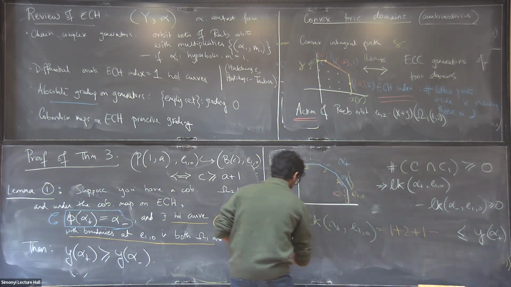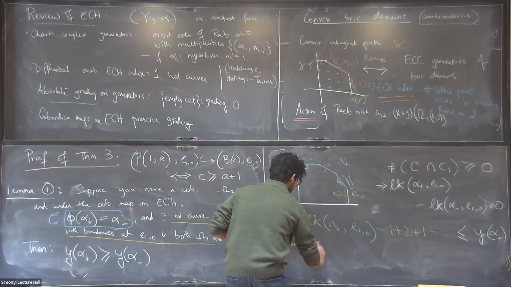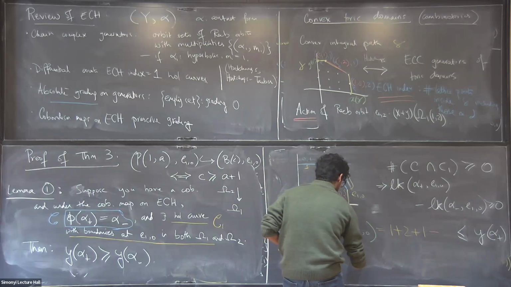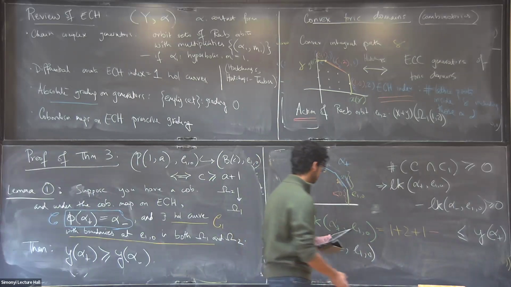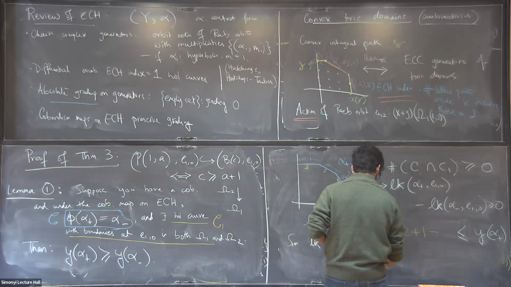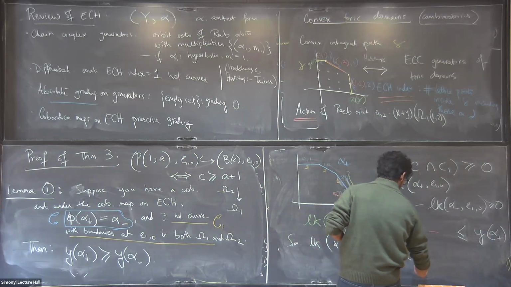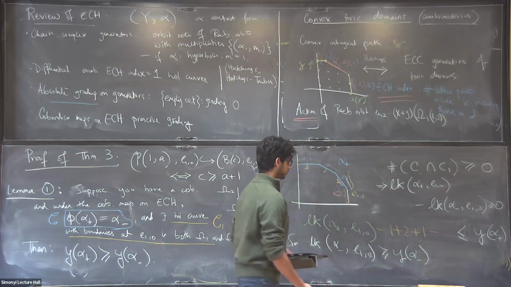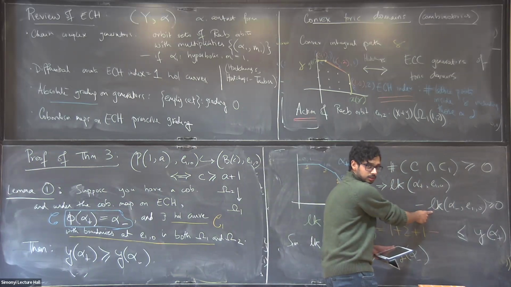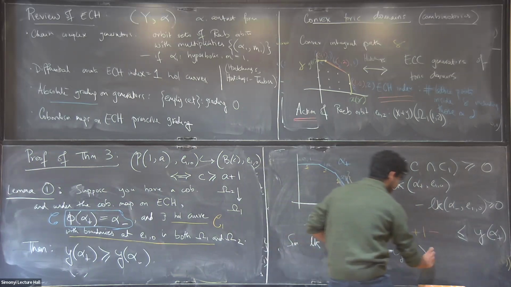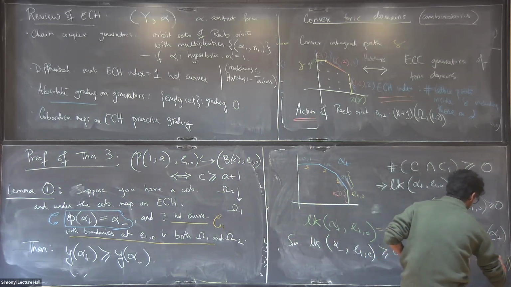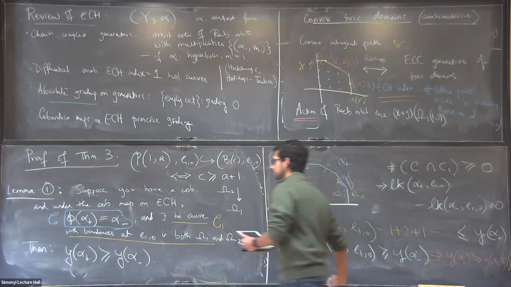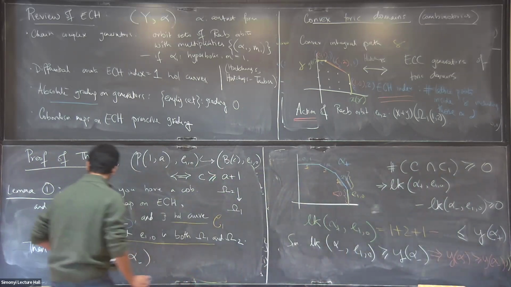Similarly, we should have that linking of alpha minus with E10, in this case with positive asymptotics, is bigger than or equal to y of alpha minus. Since this is non-negative, it implies that y of alpha plus should be bigger than or equal to y of alpha minus. So that's the first lemma.